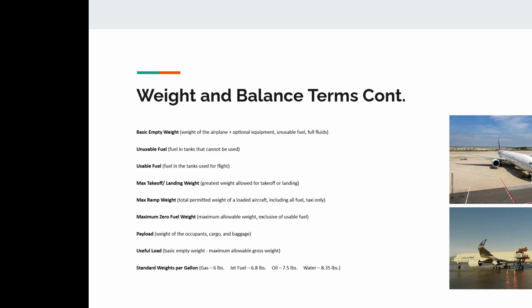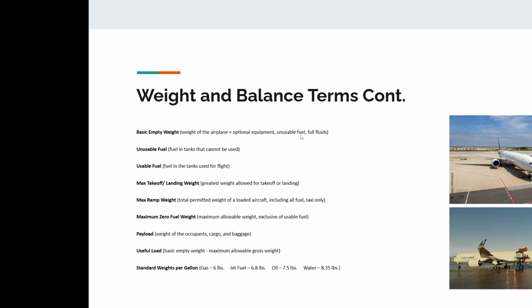Depending on how many gallons of fuel you have, you need to multiply by 6 for each gallon to get the pounds of fuel you're carrying for the flight. And of course, jet fuel is a little bit heavier. Oil is heavier, almost 8 pounds, 7.5. And water is heavier as well. But the most important ones to remember are the gas and the oil. So 6 pounds for gas and 7.5 for oil.